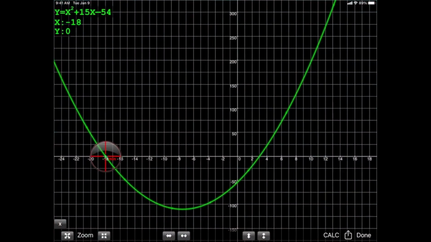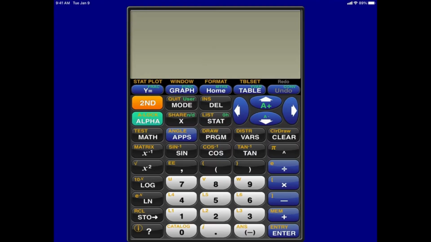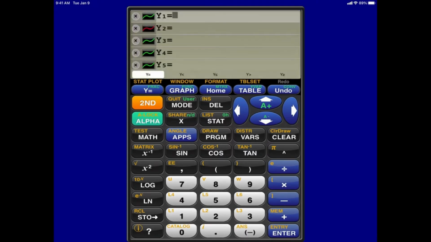You go to your calculator, press y equals in the top left. Okay, negative is next to the decimal, not a subtraction sign. My trick is x squared, the x is right next to alpha, plus 3 times x plus 7.